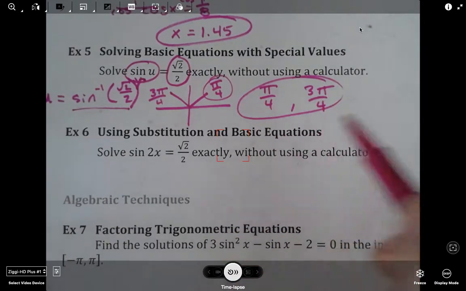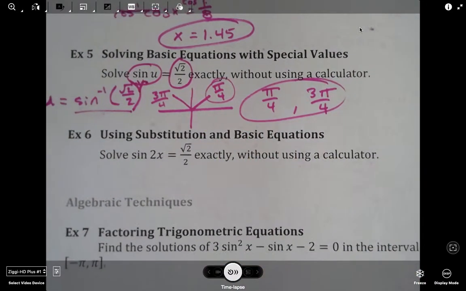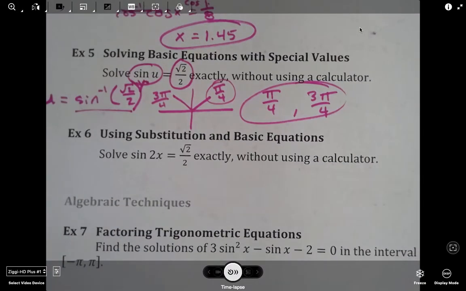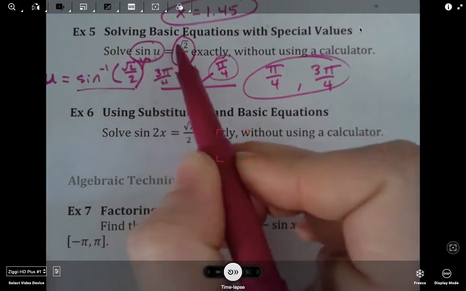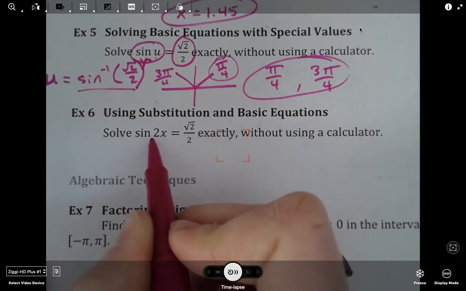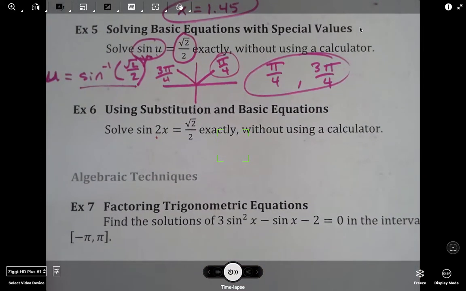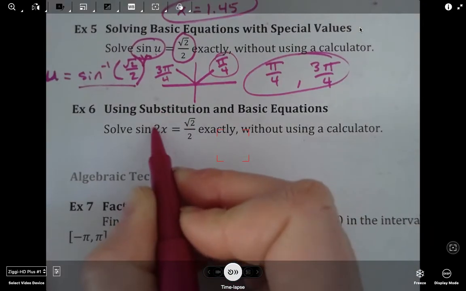So pi over 4, 3 pi over 4, I'm not going to have you put the plus 2 pi k on the end of that, okay? Not for this section, not when you're solving algebraically, all right? Now, we know that sine of some value of square root of 2 over 2 occurs at pi over 4 and 3 pi over 4. But now they want sine of 2x, okay? So how do you deal with it when it has a 2 in there? What I'm going to do is just ignore that 2 for right now.